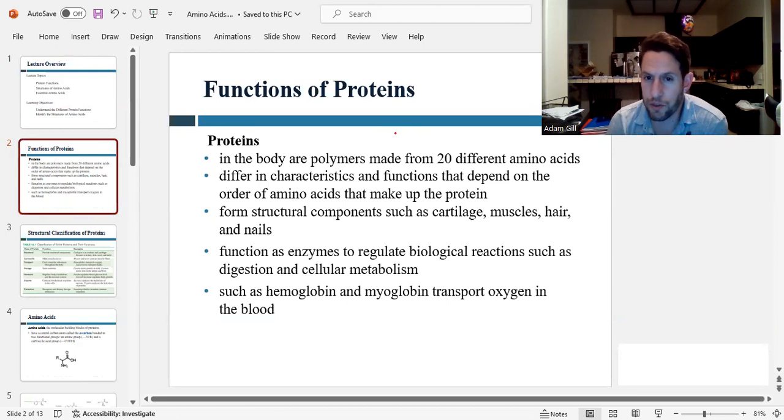There are structural proteins like skin, hair, fingernails, muscles, cartilage. There are also functional proteins like enzymes, which catalyze chemical reactions. And then there's transport proteins like hemoglobin and myoglobin, which transport oxygen throughout your body.